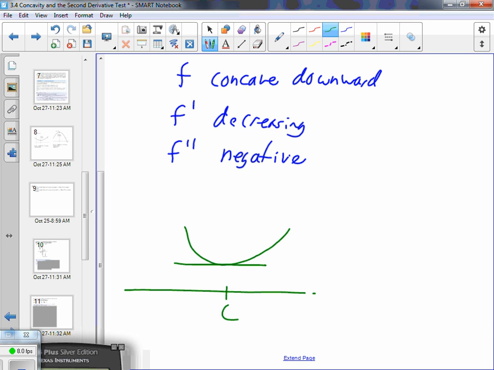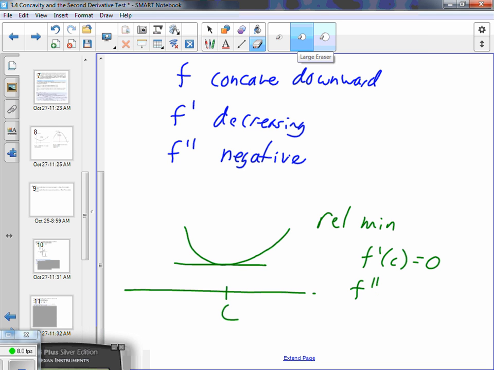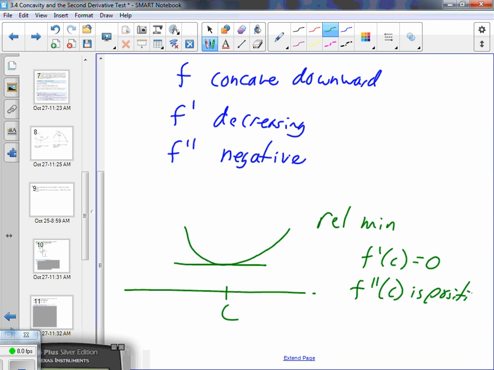So you put those two things together, and you have a relative minimum. f prime of c equals 0, and f double prime of c positive. f of c is a relative minimum.